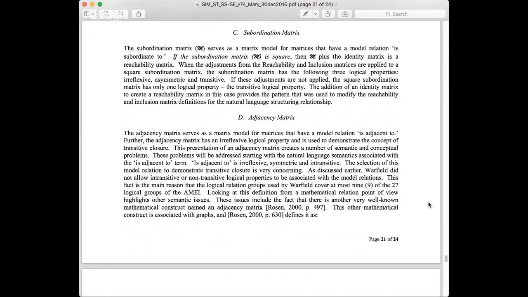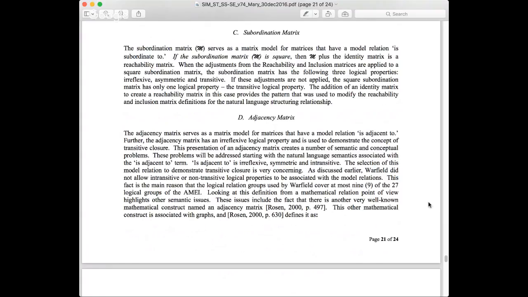If you say, well, what's the natural language relationship here that we're talking about? And so we need to actually have this discussion in detail, right? And to go through and look at that.